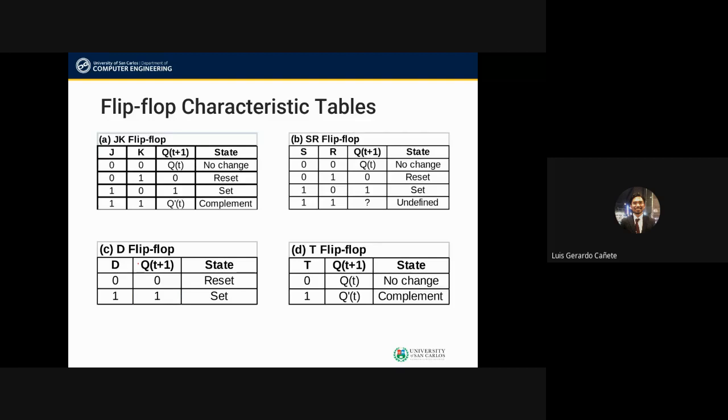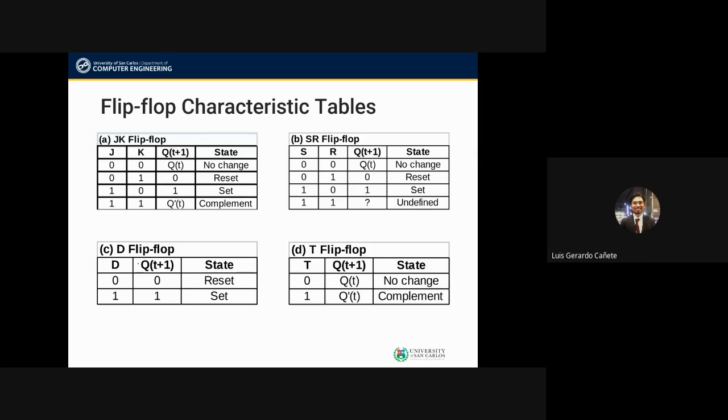Okay, so all these types of flip-flops can be described using characteristic tables. Sort of the same way that we describe combinational circuits using not state tables, but truth tables, we describe flip-flops using characteristic tables.